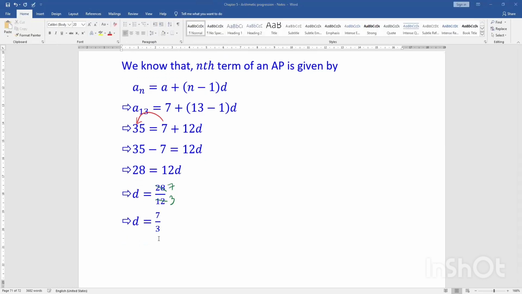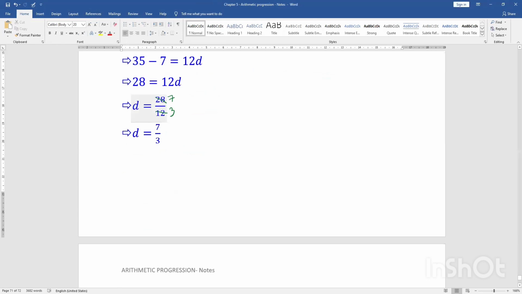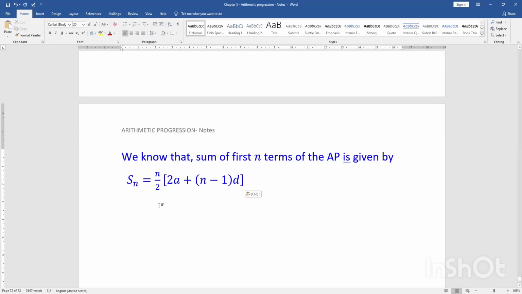Next, we need to find out S13, right? Now we know that Sn is equal to n by 2 into (2a plus (n minus 1) d), right? Now I write, find out S13. So I take the same formula here. Put n as 13 here.